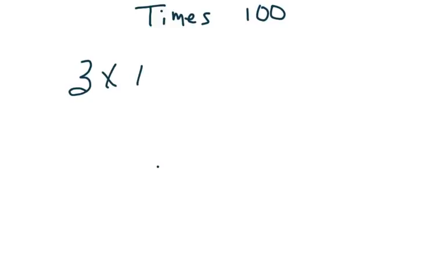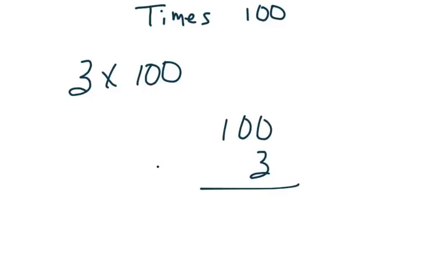3 times 100. Again, I do this vertically because I want to make sure that I do this by place value. So my hundreds, my tens, and my ones.